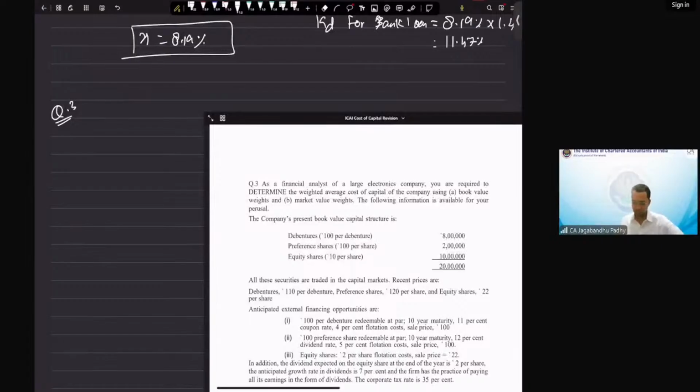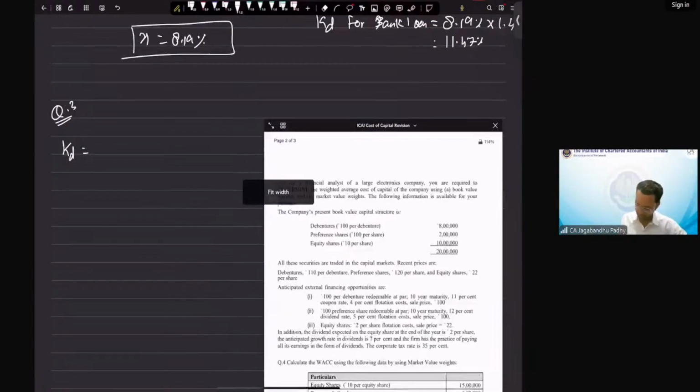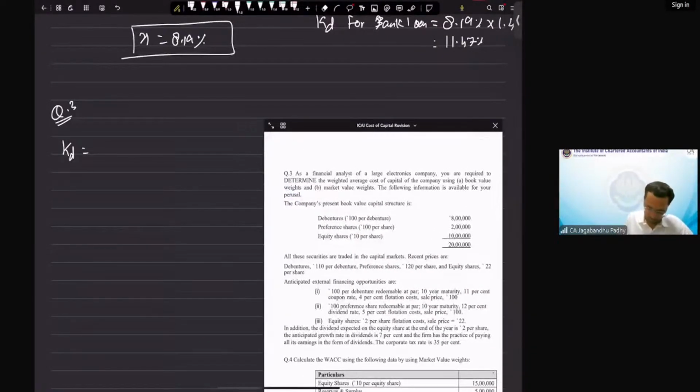Cost of debt, basically your debenture, is going to be 11 rupee interest into 1 minus 0.35, which is 1 minus tax rate, plus 100 minus 4% flotation cost, because it's currently trading at 100.